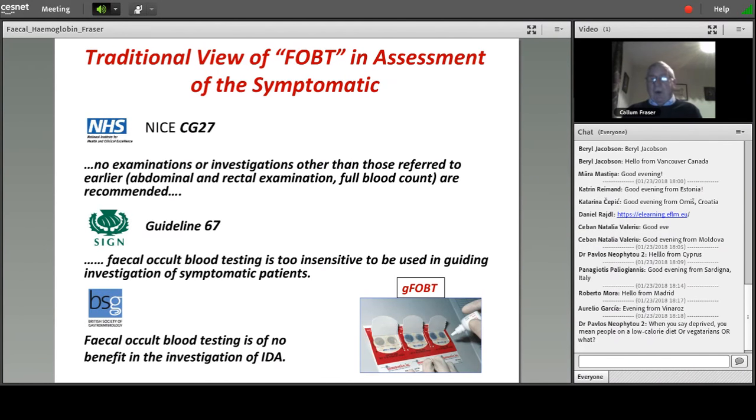The traditional view in the older guidelines was that fecal occult blood tests had no role whatsoever in assessment of the symptomatic. But these were talking about the traditional guaiac-based fecal occult blood tests, which most now consider to be obsolete in screening and in this setting.